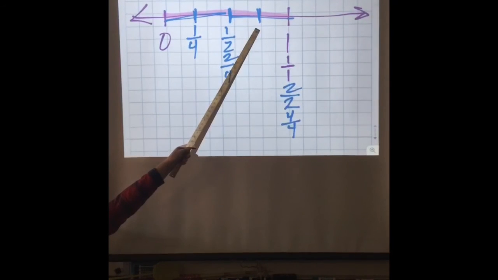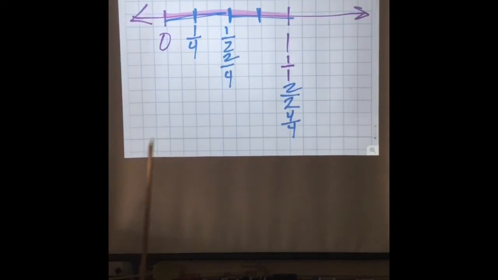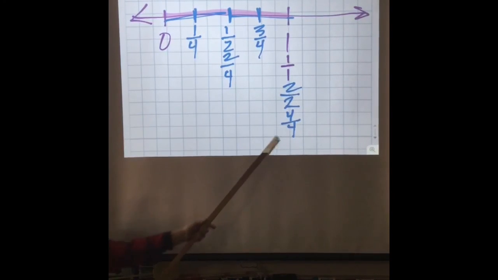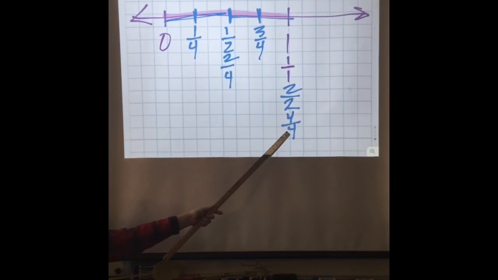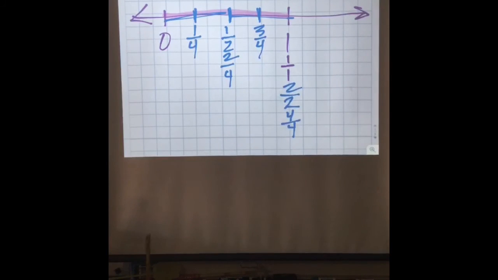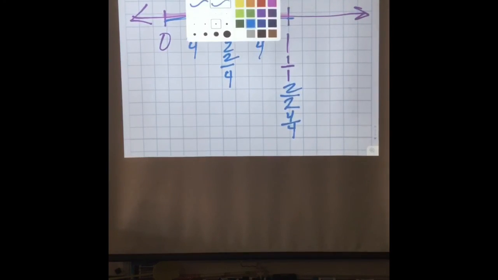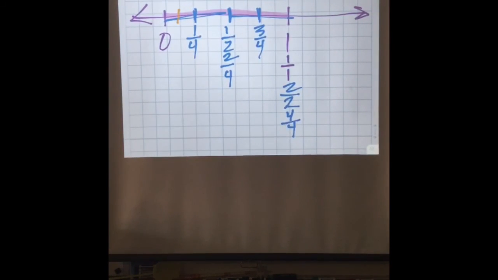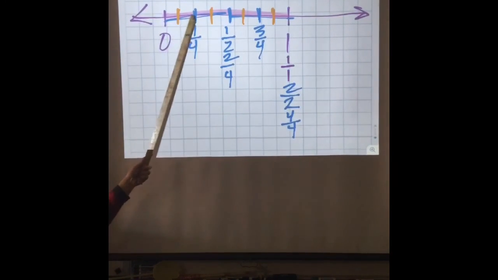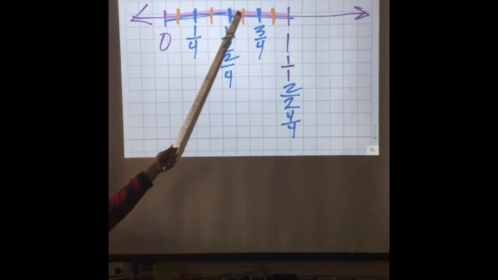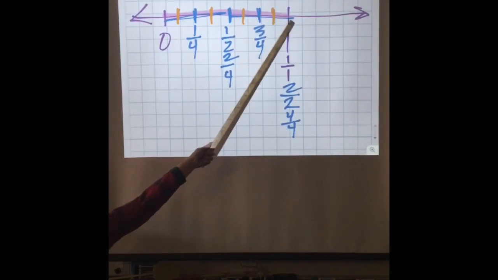What's this? 3/4. 3 over 4, right. And then this is a 4 over 4, right? What if I do it again and cut them in half once more? How many do we have? 8. Well, let's count over. Ready? 1, 2, 3, 4, 5, 6, 7, 8.